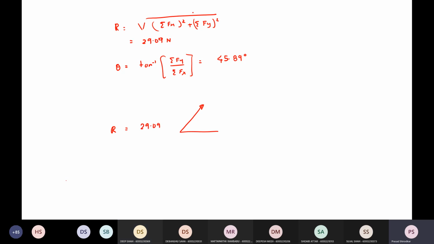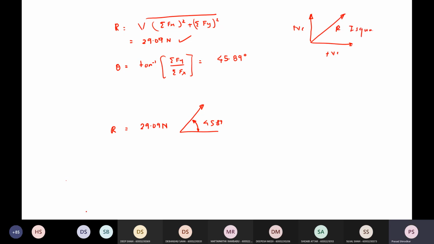All of you have verified this value. Newtons, and angle is 45.89. So your summation fx and summation fy both are coming positive. By using whatever sign convention we have used, both are coming positive. So the resultant has to lie in the first quadrant.